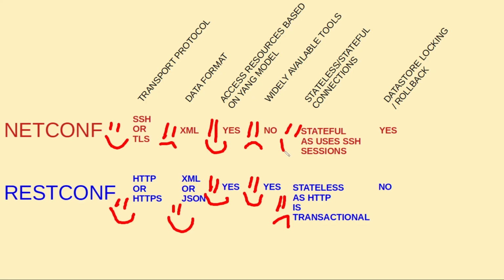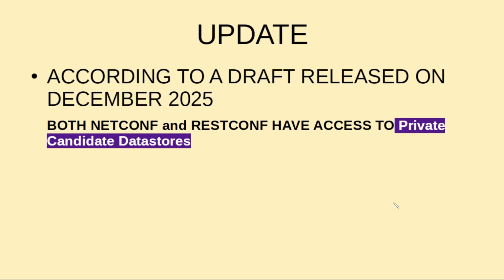This means that with NETCONF we can perform locking on data stores and rollbacks and so on, whereas with Restconf we cannot do that. A final note here: there is a draft that was released in December 2025 that establishes that both NETCONF and Restconf have access to a new kind of data store known as private candidate data stores.